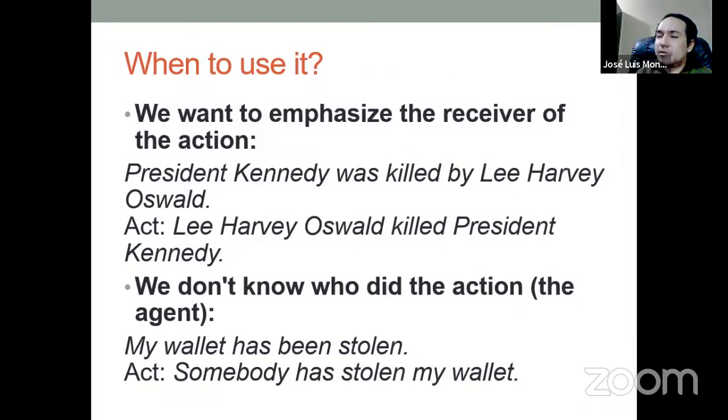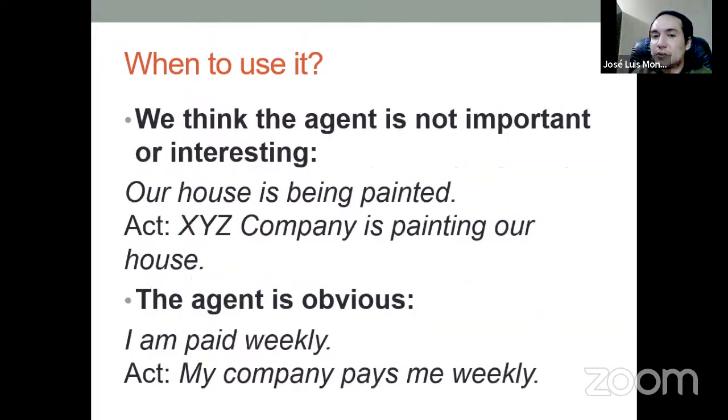Now, very briefly, we don't need to read this. First reason to use passive voice: emphasize the receiver of the action. Second reason, we don't know who did the action. Third reason, we think that the agent is not important or interesting. The fourth one is that the agent is obvious, so we don't have to mention it.